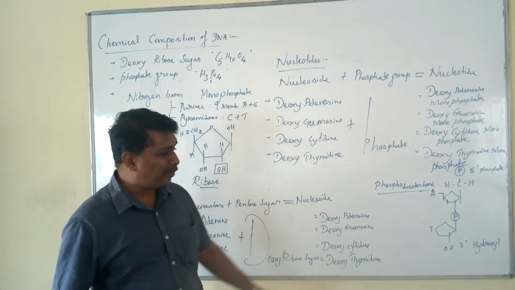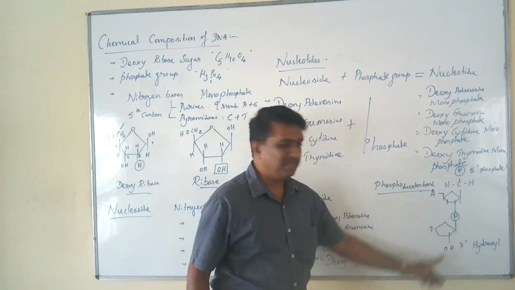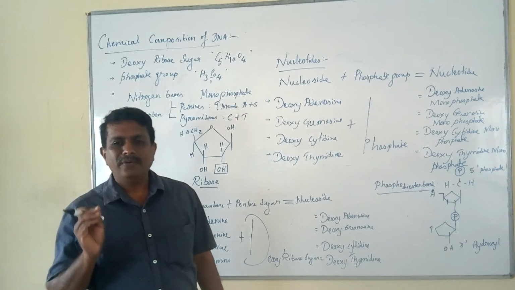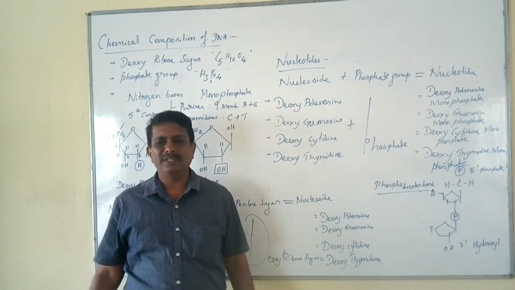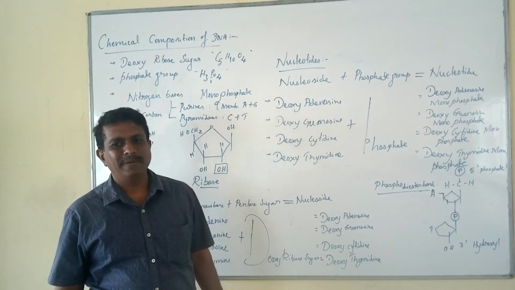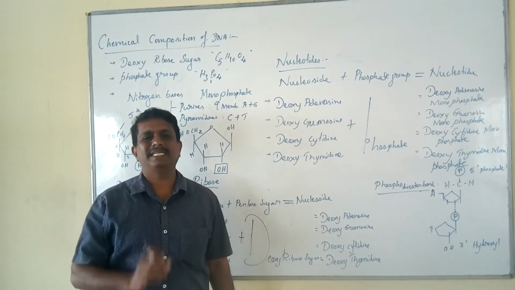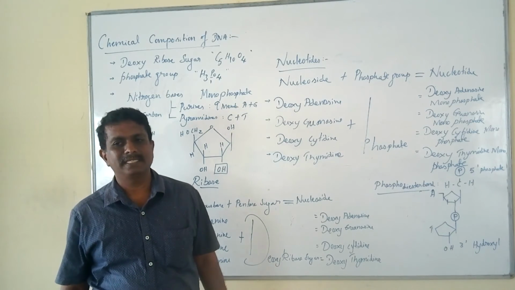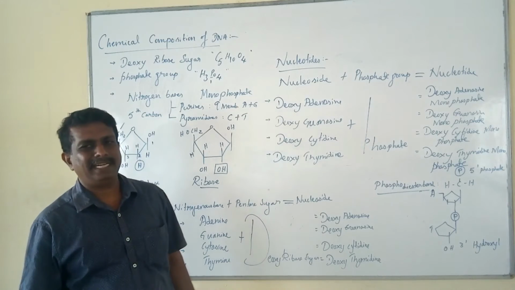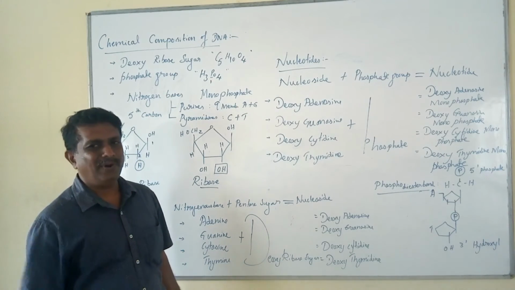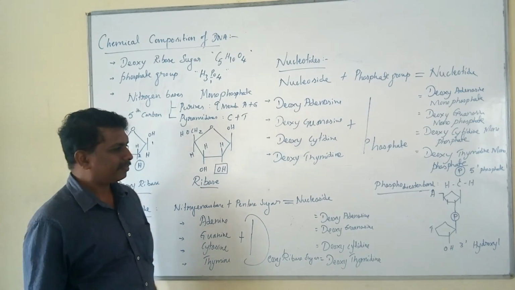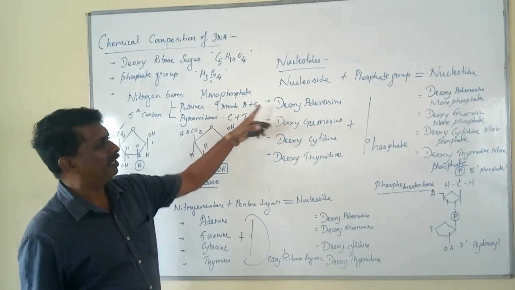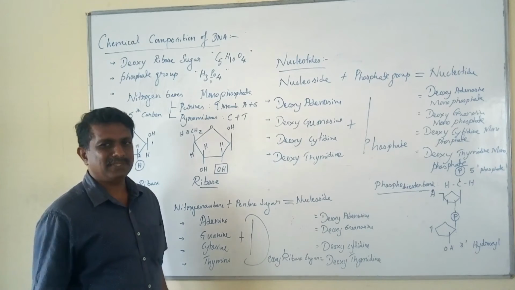A phosphate group is linked to the OH group of a nucleoside through phosphoester linkage. DNA is characterized by the presence of 4 types of nucleotides, namely, the first important one is deoxyadenosine.